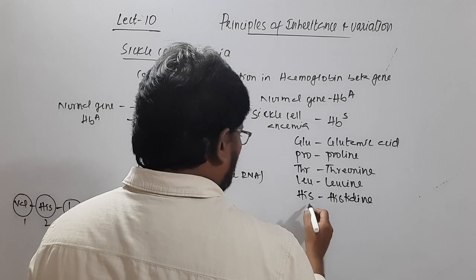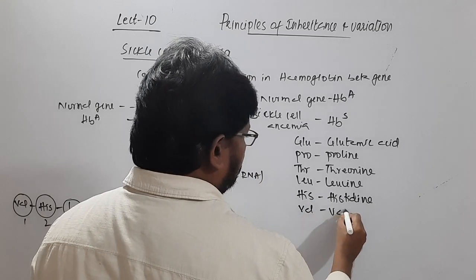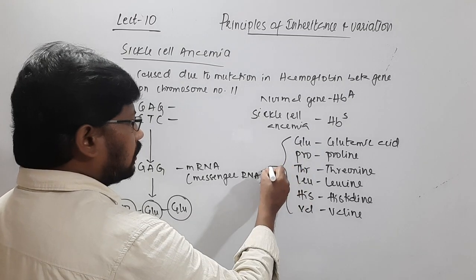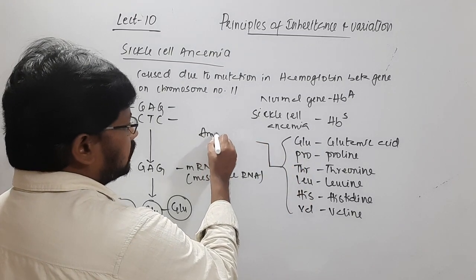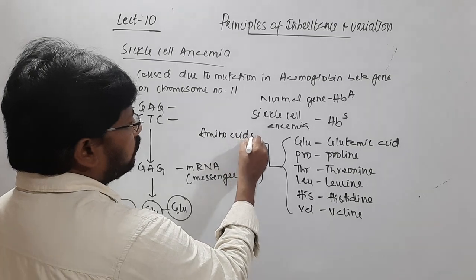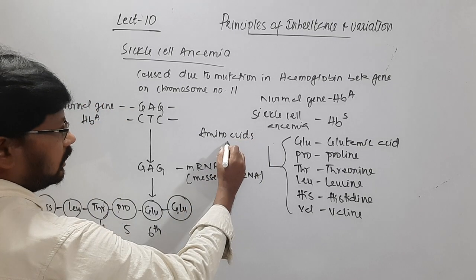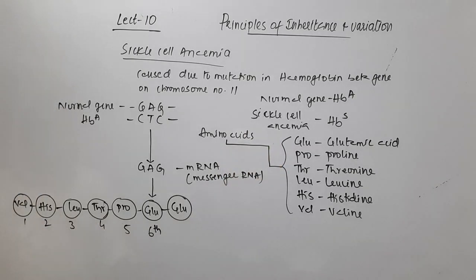And then VAL stands for valine. So all these are amino acids, and these amino acids will be arranged in a particular sequence depending on the nitrogen base sequence.